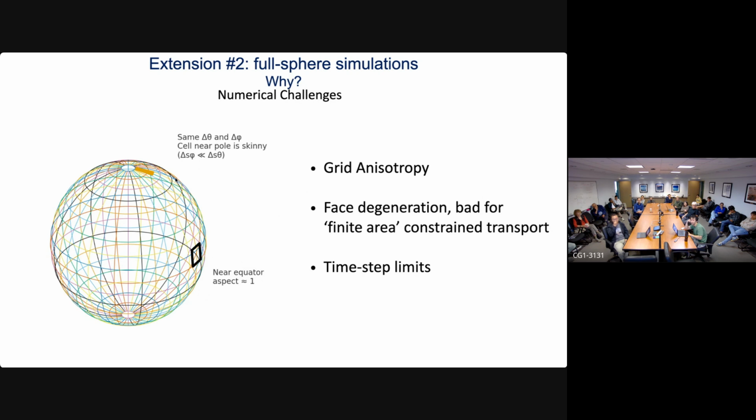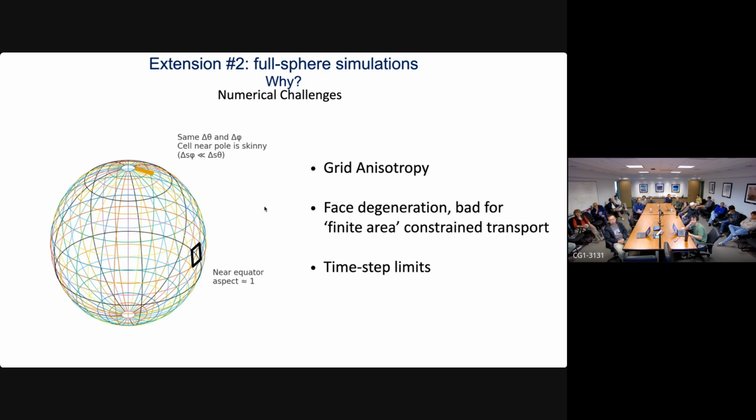A very skinny cell leads to a great imbalance of numerical diffusion near the geometric axis. We also have zero face area along the geometric axis, which is bad for our magnetic field induction equation solver, since we are using a finite area method, but now we have zero area, so we have no idea how to do it.